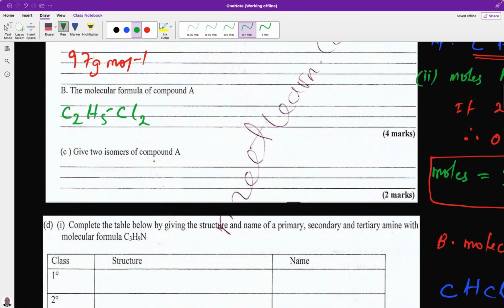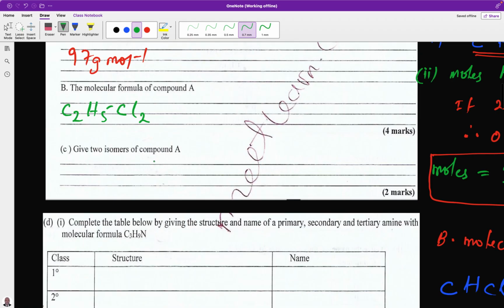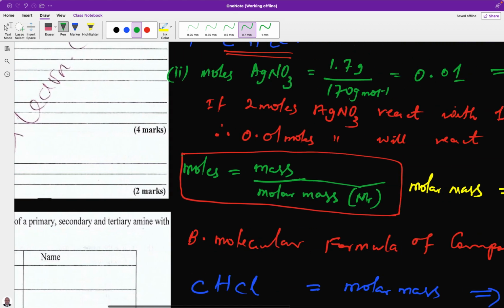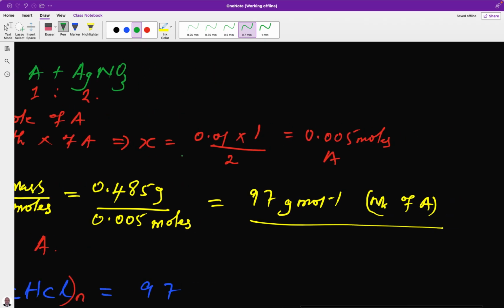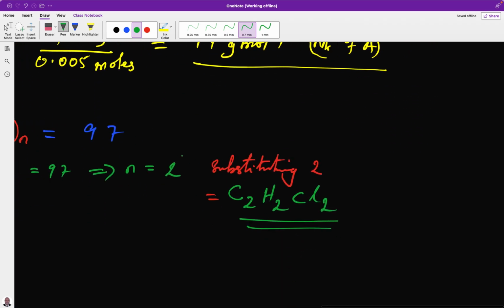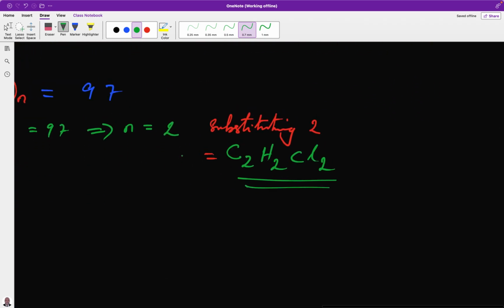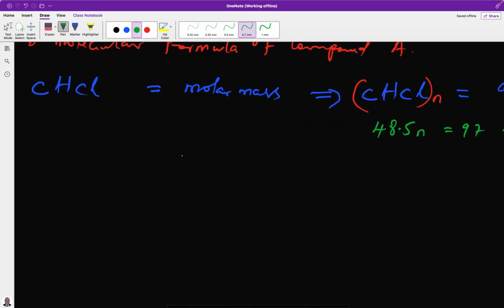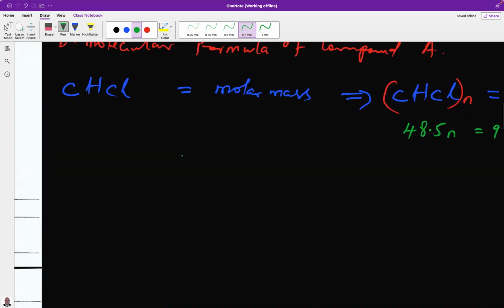Then we are told, this is already an alkene, give two isomers of compound A. What are isomers? Isomers have the same molecular formula but different structural arrangement.